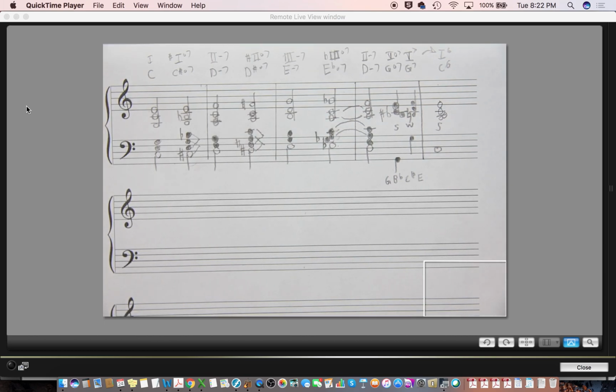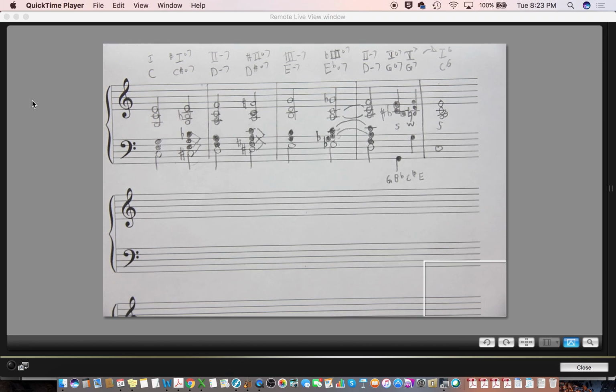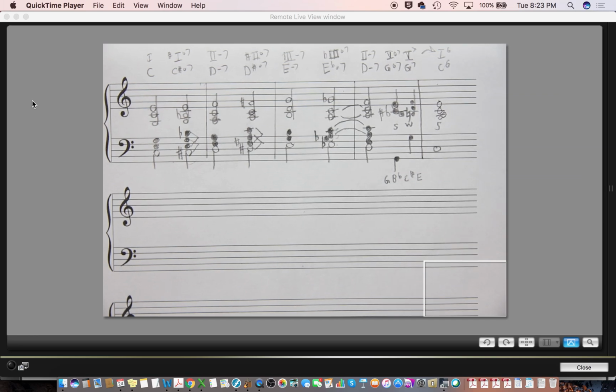So the whole thing sounds like this. As you can hear, that's kind of an old-fashioned sound for us now, but certainly important whenever you're trying to call up the sounds of the Great American Songbook to have these diminished chords in here.